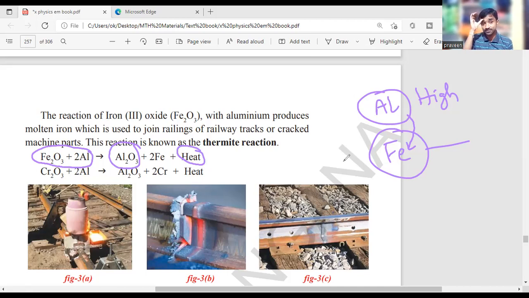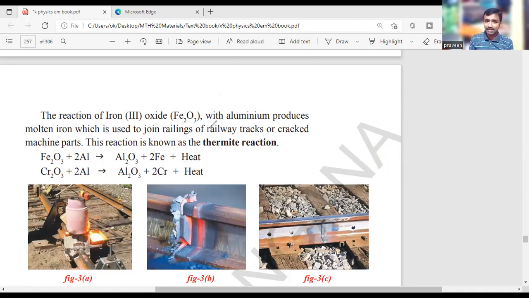The thermite reaction is nothing but a highly reactive metal reacting with metal oxides. Sorry, before I said metal chloride, not metal chloride, metal oxide. Metal oxide and a highly reactive metal, only metals. They combine and give you a large amount of heat energy. That heat energy will convert the metals into a molten state.